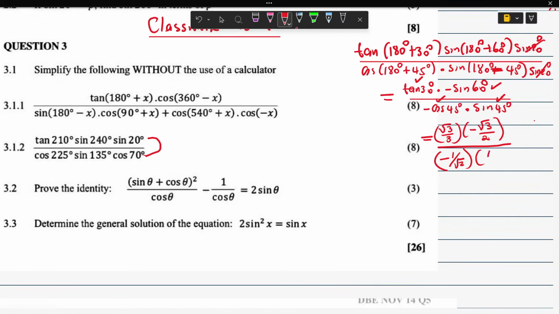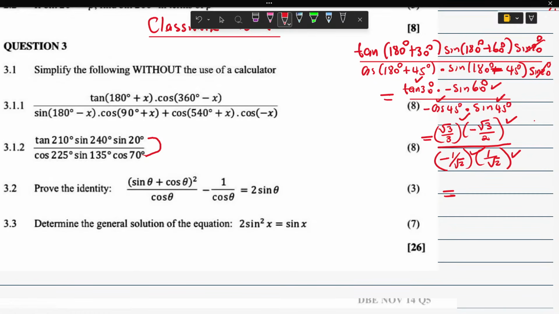You can also do 1 over root 2 or root 2 over 2, so you can do it that way too. A mark for this, a mark for this, a mark for this, and a mark for this.